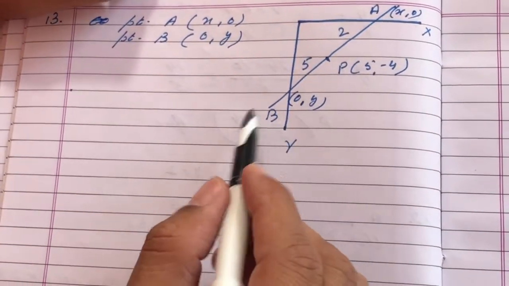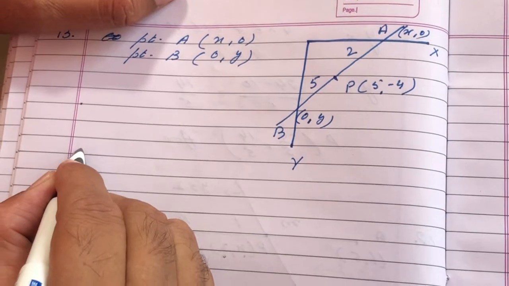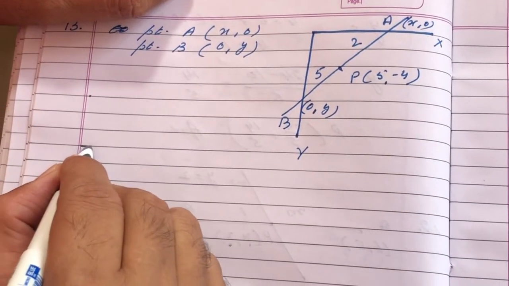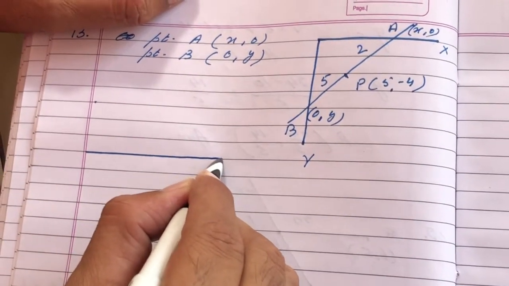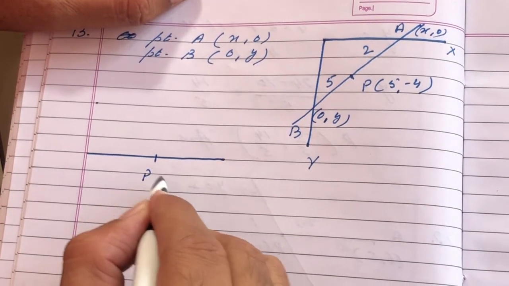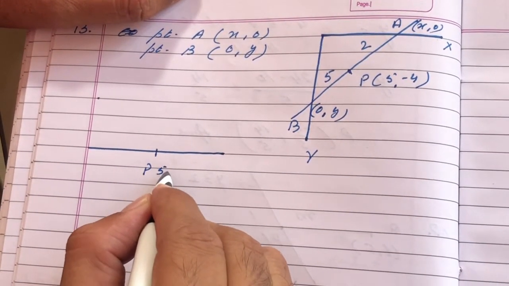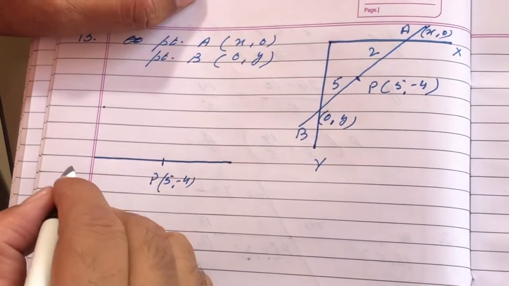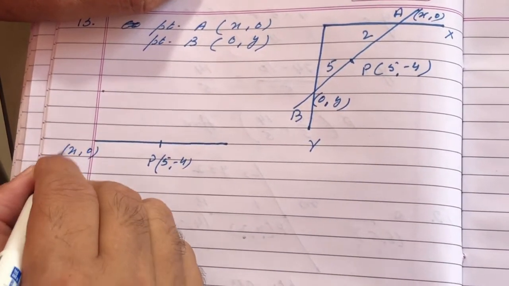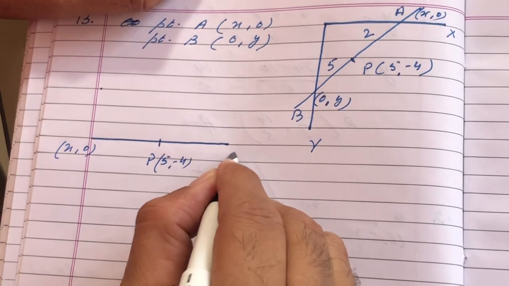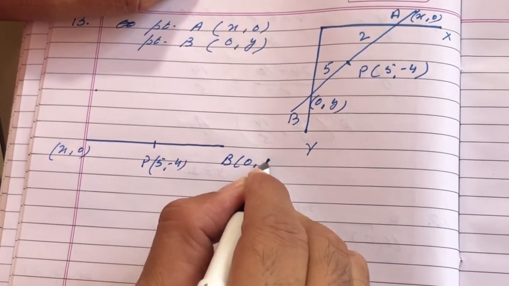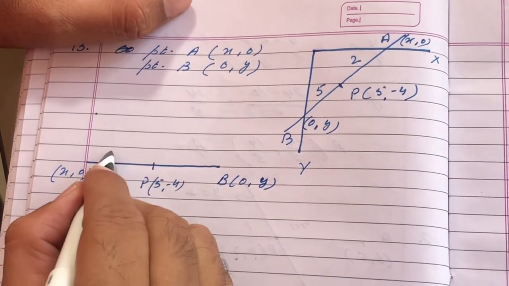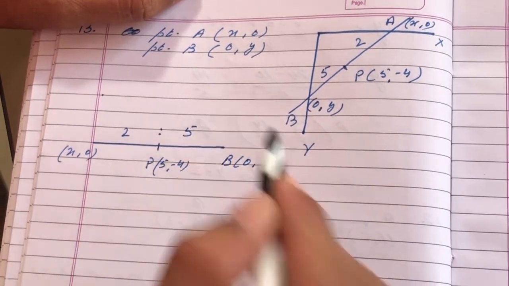Now what is x equal to? I have to find the value of x and y. This point P is (5, -4). For simplification I draw like that. This point A is (x, 0). This point B is (0, y). The ratio is 2:5.